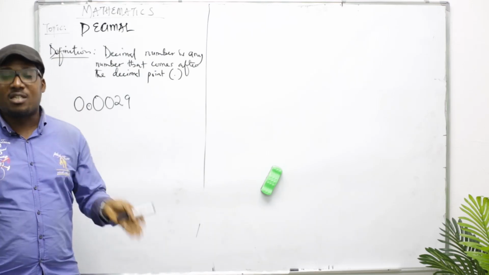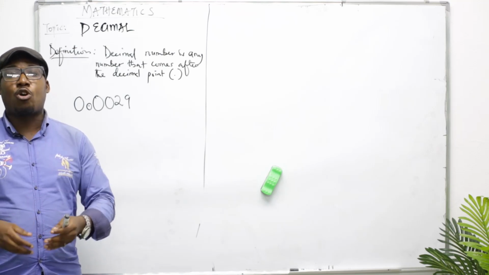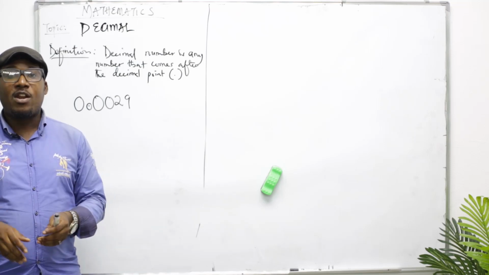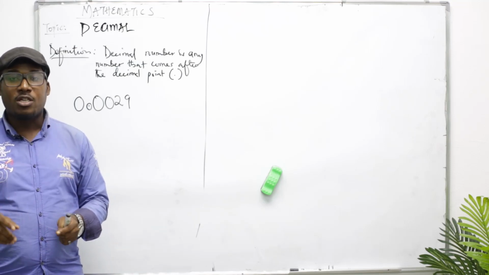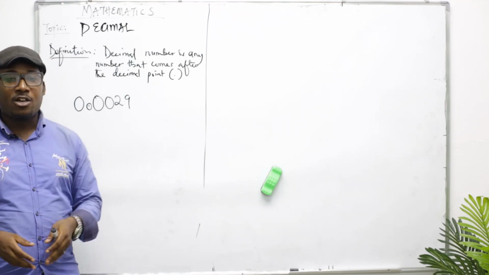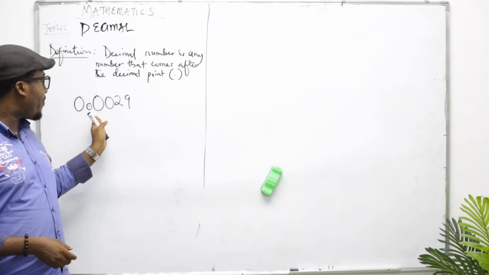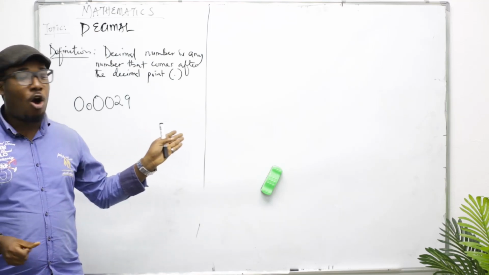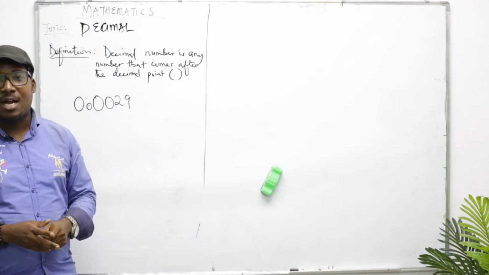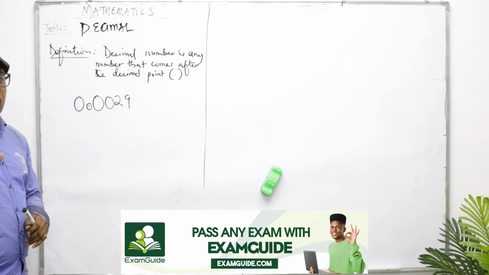And 0 is nothingness. 0 is a vacuum. Anything that 0 absorbs, even if it's 1 billion, 1 million, becomes nothing. So some people just keep the 0 and use 0.0029, because they are interested in the series of numbers that comes after the decimal point. That's an introduction to it.